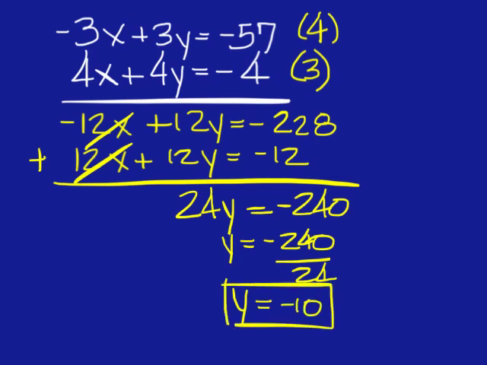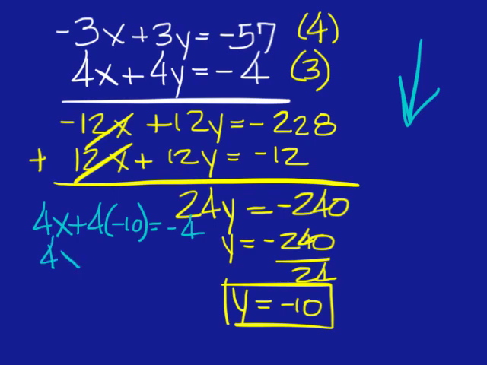You must plug that negative 10 into one of the two equations, either this one or this one. I will use the bottom equation. It doesn't look like I have enough room over here, so I'm going to try it on the bottom left. 4x plus 4 times a negative 10 equals a negative 4.